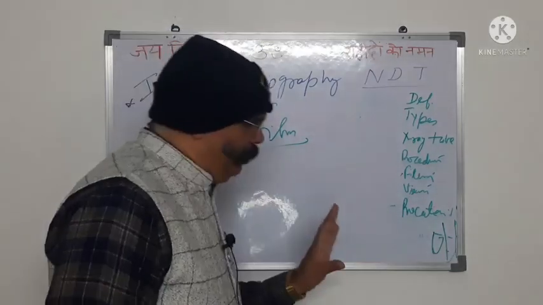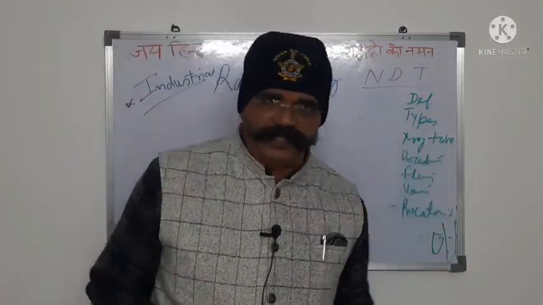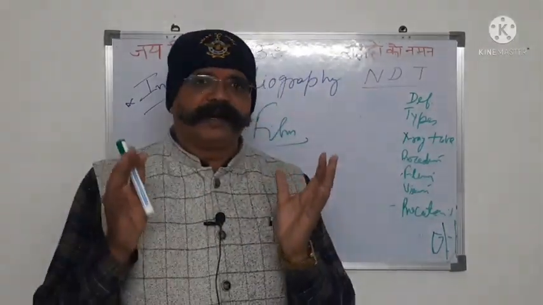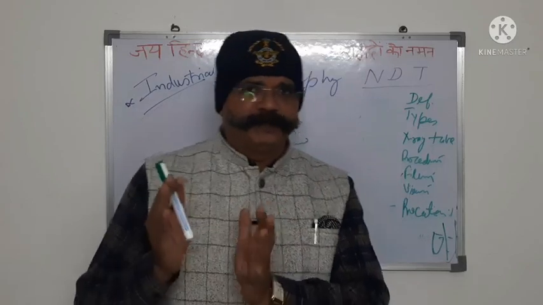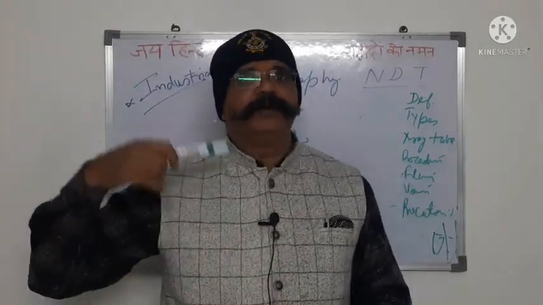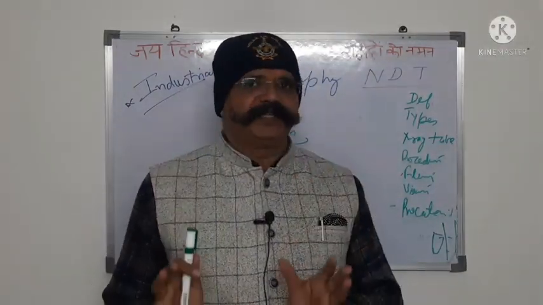But since this is a basic radiography method of non-destructive testing, I will give you just a glimpse of it so you could understand how film radiography is done. Somebody may be using film radiography, so you should know the basic things.